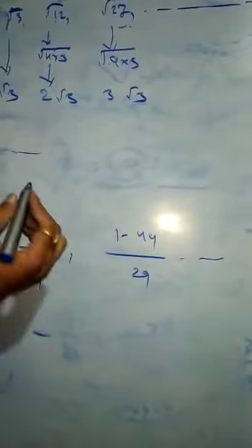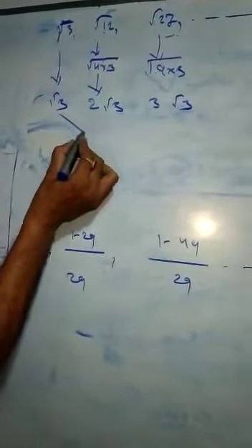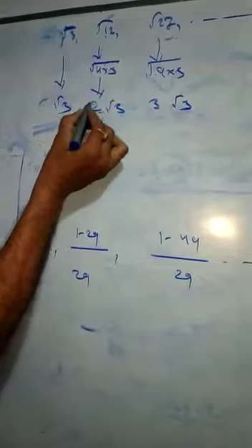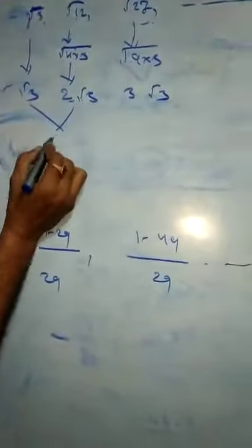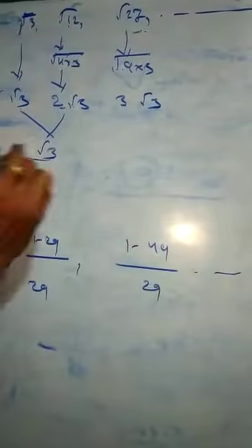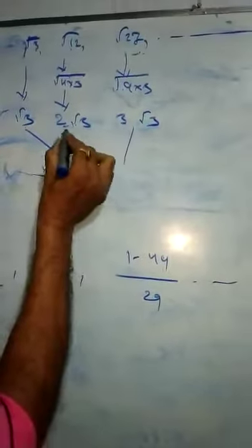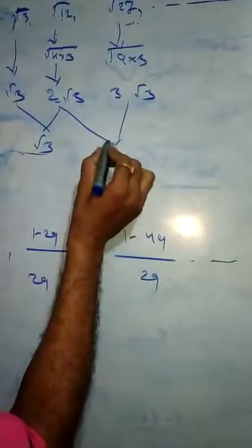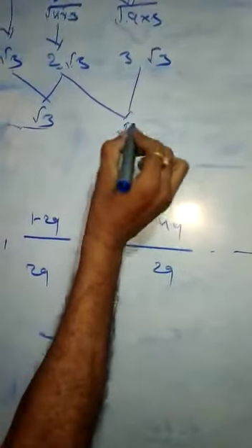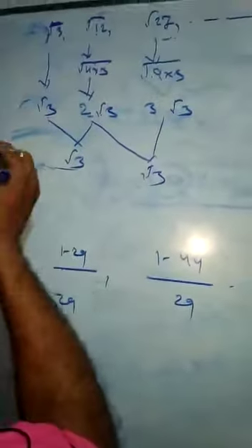Now we will get the difference between the second and the first. 2 root 3 minus root 3 becomes root 3. 3 root 3 minus 2 root 3 becomes root 3. What do we see?